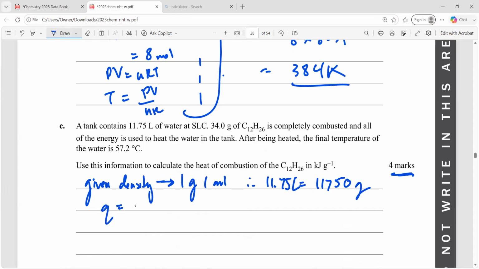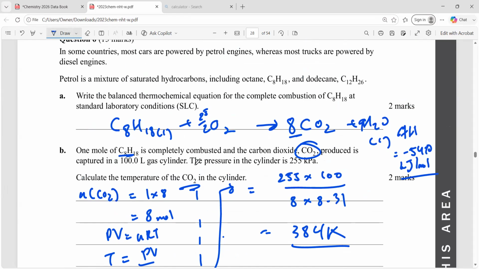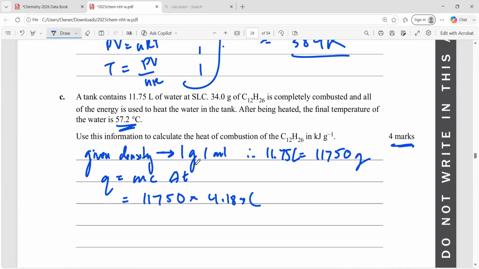So Q equals mc delta T, which is 11,750 times 4.18 times, where is the initial temperature? Oh yep, sorry, SLC. So SLC is 25. So that's 57.2 minus 25. And that's in joules.